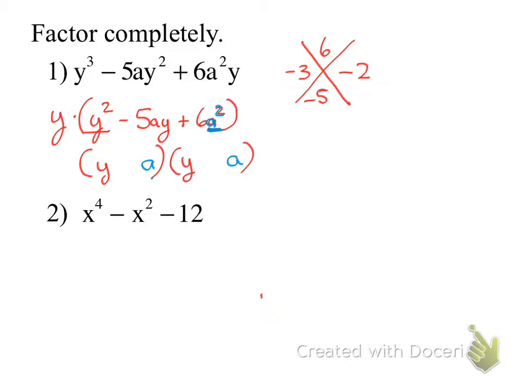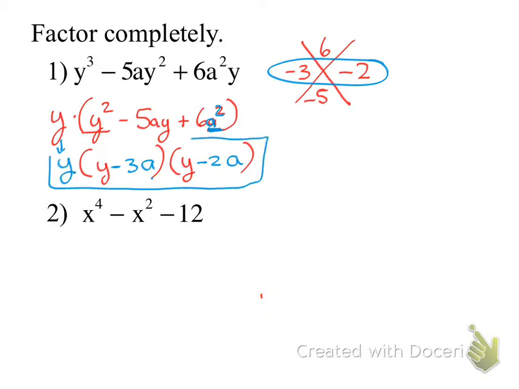And now we have everything we need, which is that negative 3a and negative 2a. And the order doesn't matter. But I've got to bring down that y. If I don't, so many kids lose points because they forget to include it.